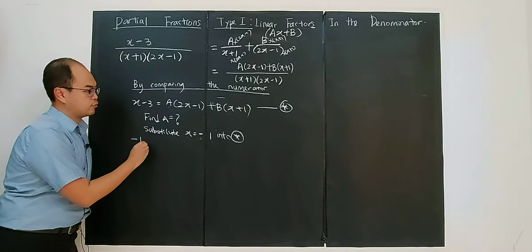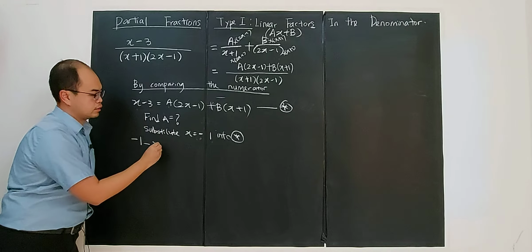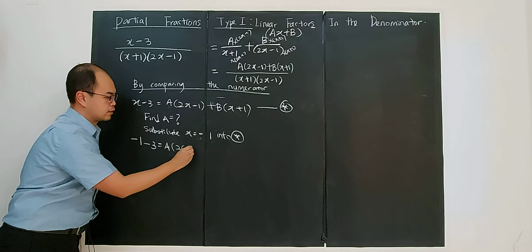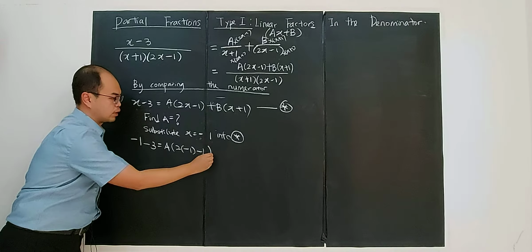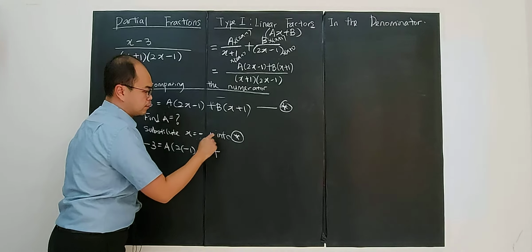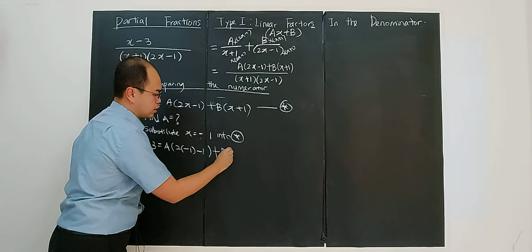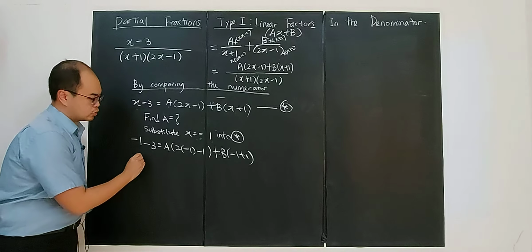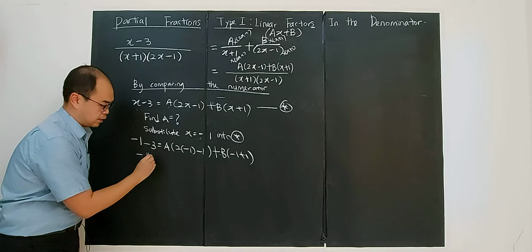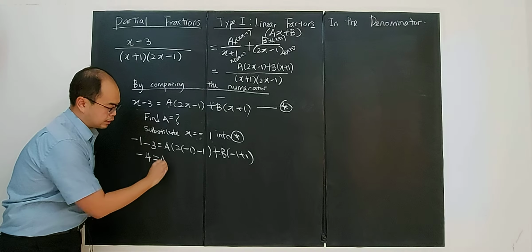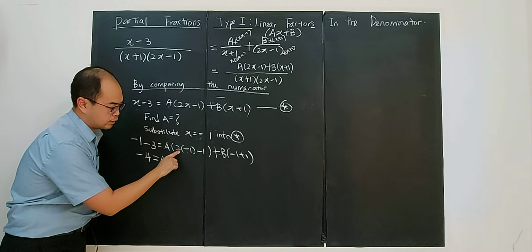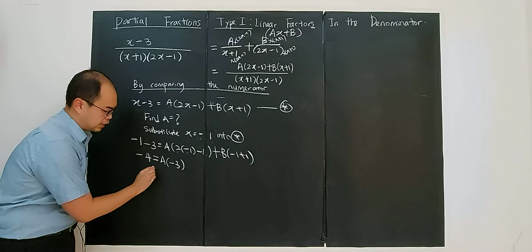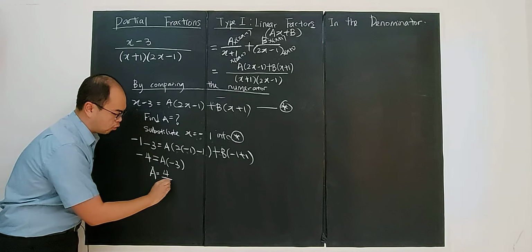So you will have -1 - 3 equals a times 2 times -1 minus 1, right? And of course b will become 0 because -1 plus 1. This is your setting. You purposely make it become 0. So then you have -3 - 1, you have -4, and here you have -2 - 1, you have -3, right? So then your a will be 4 over 3.